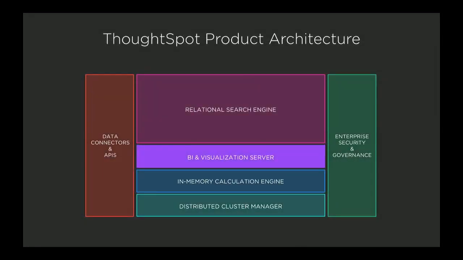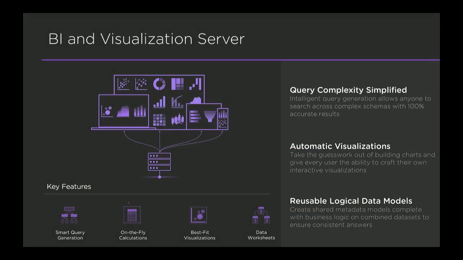So the next part of the stack that I did want to walk through is the BI and visualization server. What the BI visualization server does is it takes a search query from that search box and intelligently and dynamically converts that into a data query.